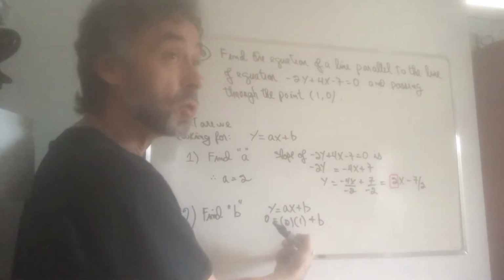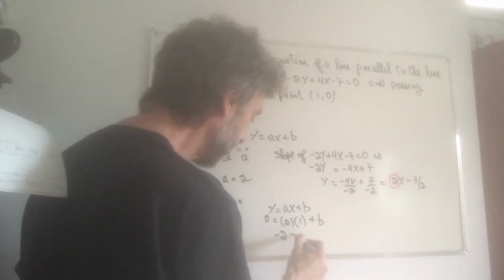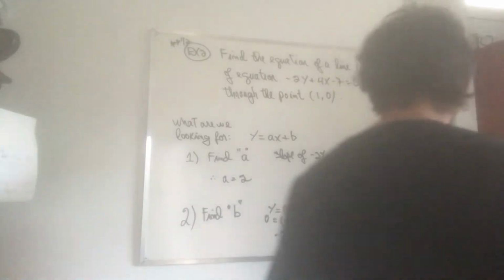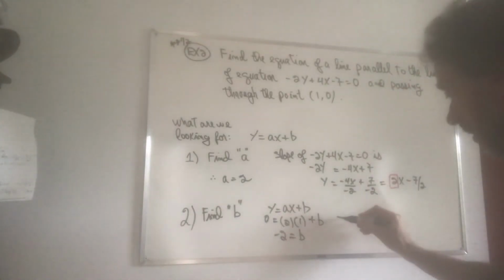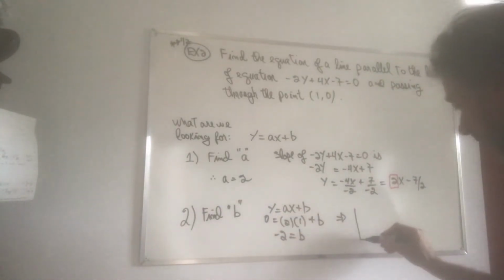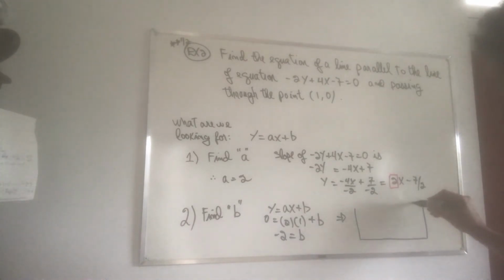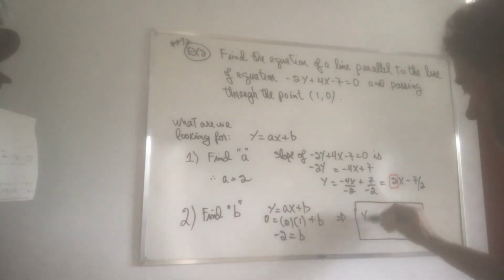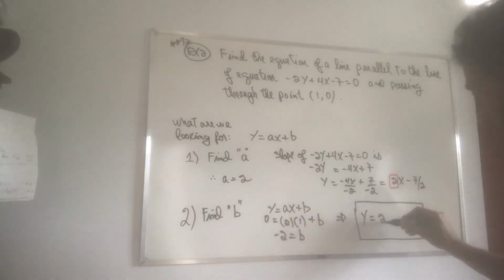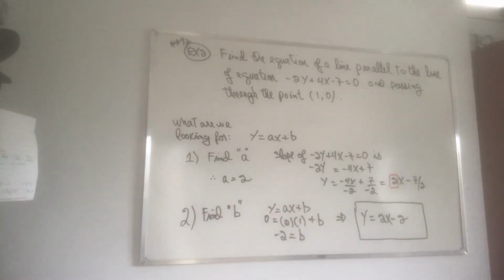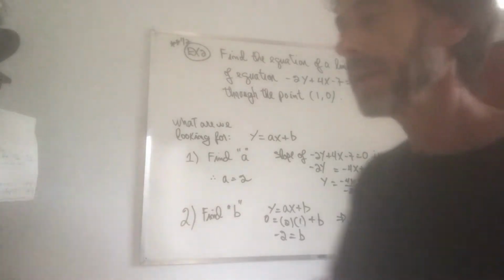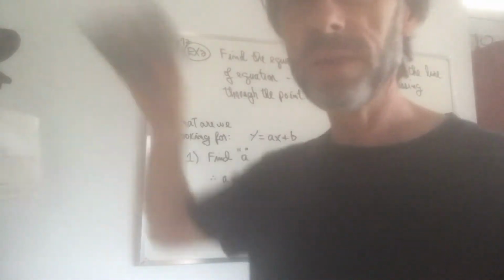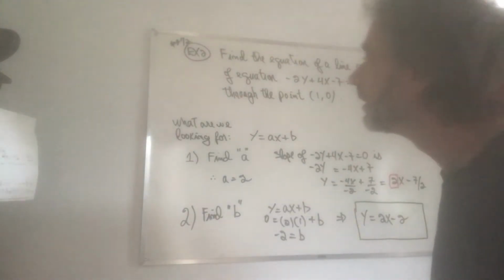So 2 times 1 is 2. Bring it over, minus 2 is my b, which gives me the final equation of the line we were looking for. The slope is 2, and the y-intercept is minus 2. And that is, again, a fairly trivial example.